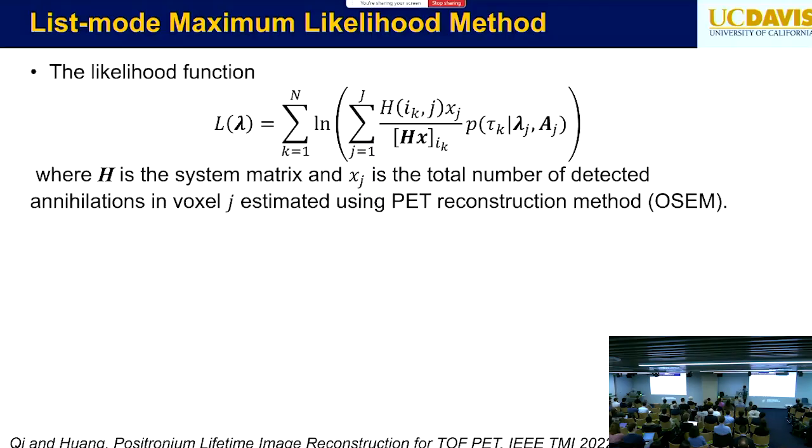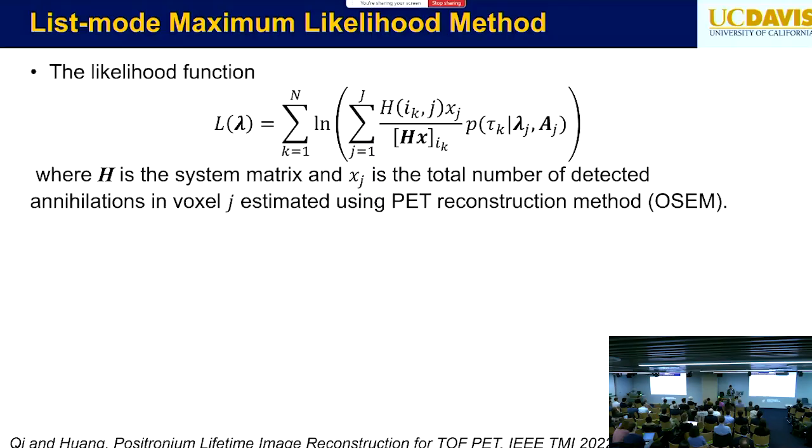Okay, and X is the activity or the tracer concentration that we can estimate using the standard PET reconstruction. So this still requires the regular PET reconstruction first.